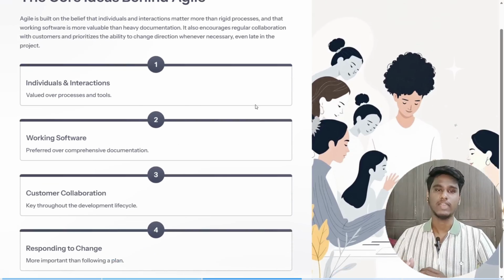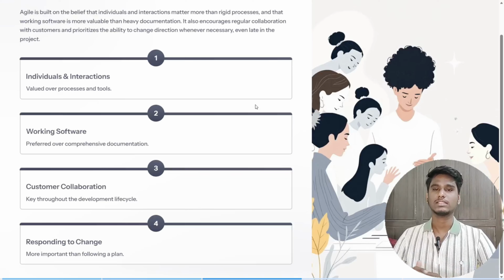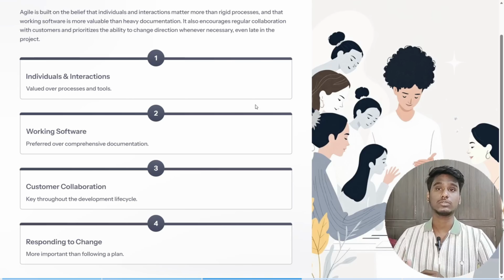Individuals and interactions are valued over processes and tools, and working software is preferred over documentation. Customer collaboration is key throughout the development life cycle, and responding to change is more important than following a plan.